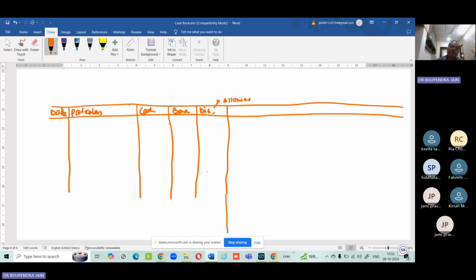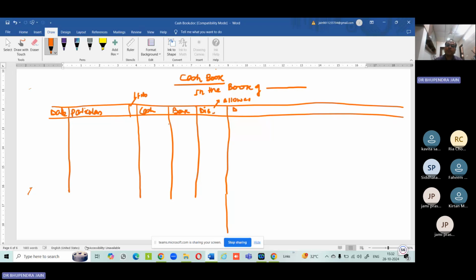Now we are preparing the cash book. Name of the company here. On this side, again, ledger folio number, a small column. This is the LF number, so ledger folio numbers. For now I am leaving it, and will fill in the ledger folio numbers later.